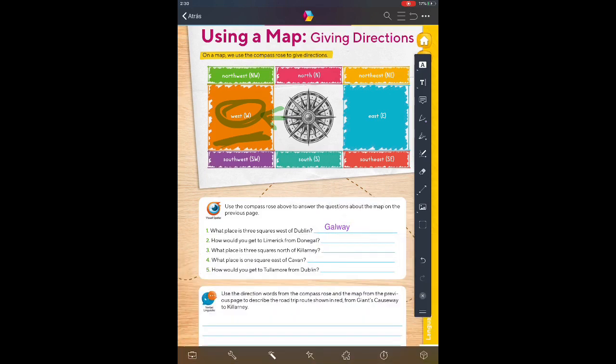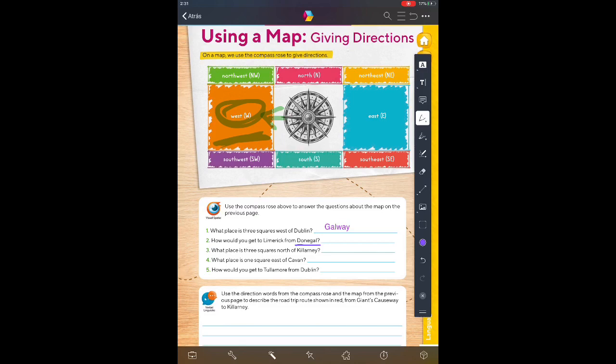For example, number 2, how would you get to Limerick from Donegal? Now, these questions might be confusing, but we need to find Donegal first to find Limerick, okay? Because it says, how would you get to Limerick from Donegal?